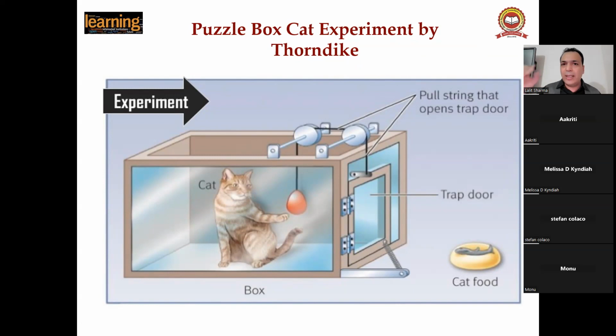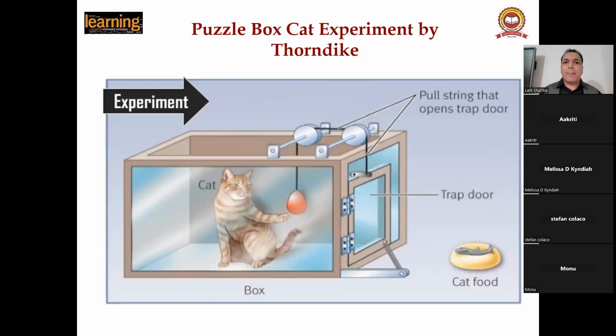She is not putting her head into the bar or scratching. The cat is not doing all these things, because in the previous 5 or 6 experiments she had done all of them. Now the cat has come to know that this is the lever, and basically we have to press the lever. So immediately, the cat pressed the lever, the door opened, and the cat came out of the cage and got the reward.